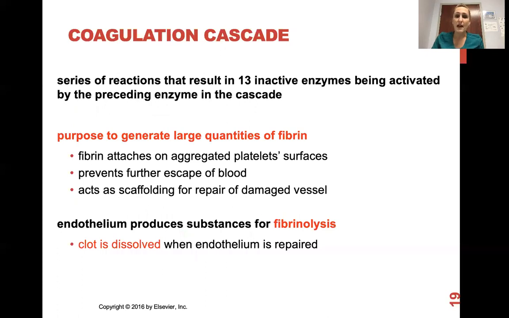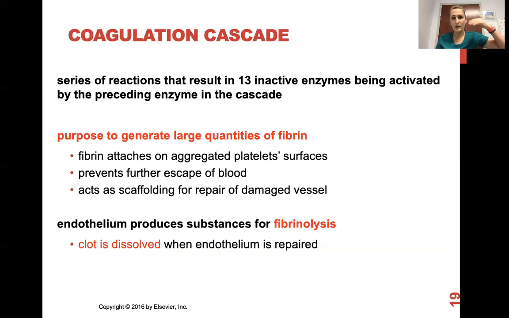So coagulation cascade is kind of that whole process. Technically, it's a series of reactions that involve 13 inactive enzymes. They are in there already in the body, inactive, and what happens is they start becoming activated by the preceding enzyme in the cascade.